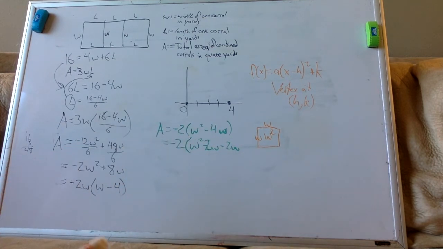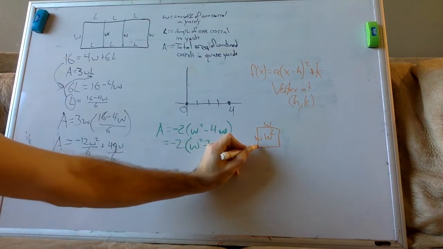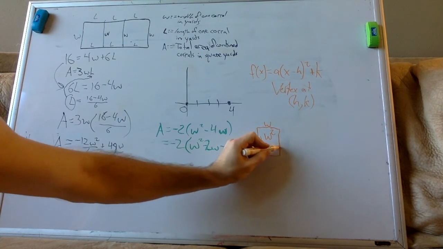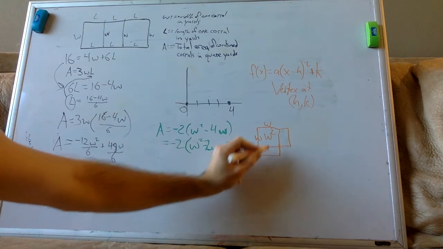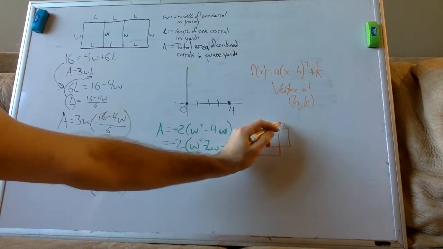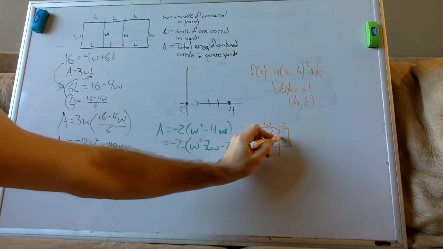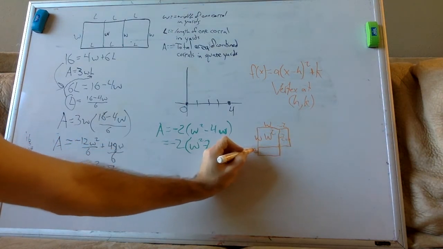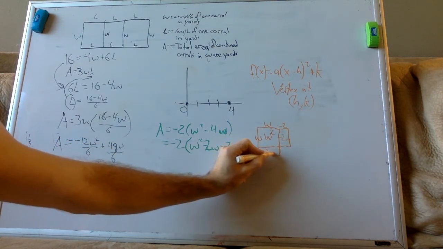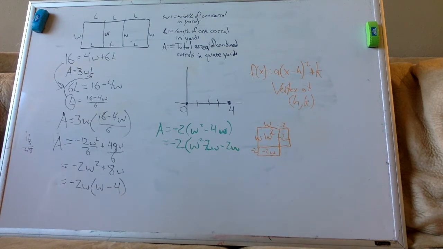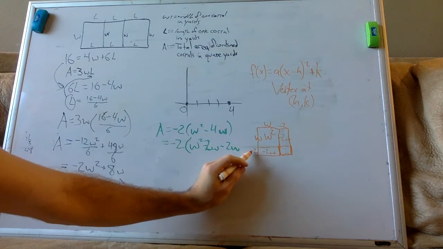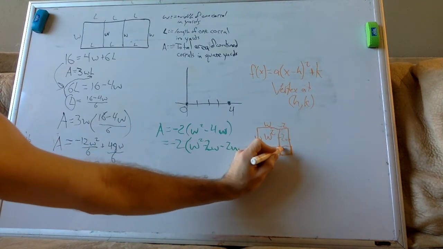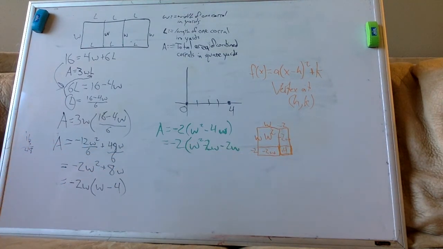So I broke this negative 4w in half, so I have a negative 2 here and a negative 2 here. Negative 2 times w makes negative 2w, and negative 2 times w makes negative 2w for an area. So I want to complete the square. I want to put this bit in. Well, that's negative 2 times negative 2, so positive 4. So that's the value that's going to be placed in here.